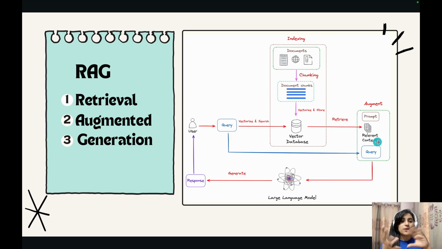After combining these two, the whole augmented prompt is sent to your LLM, and it will generate a response which is very specific, and which the customer will like. Okay, so this is what RAG is about.